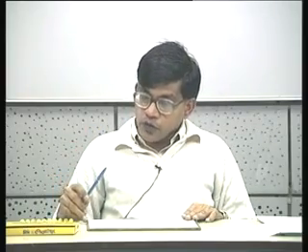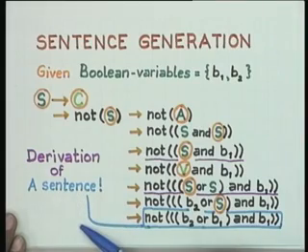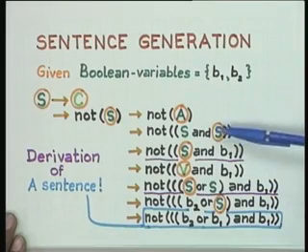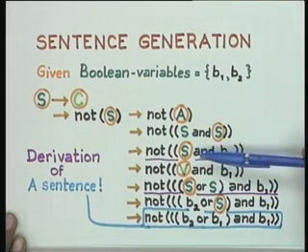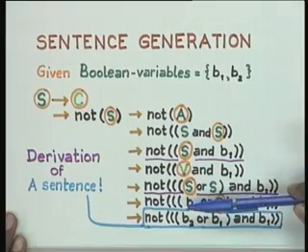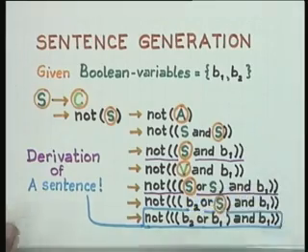So, if you look at the derivation of a sentence, this particular order is not sacrosanct. Out of the various non-terminals in an intermediate sentence generation, you could have chosen any one and applied an appropriate production.